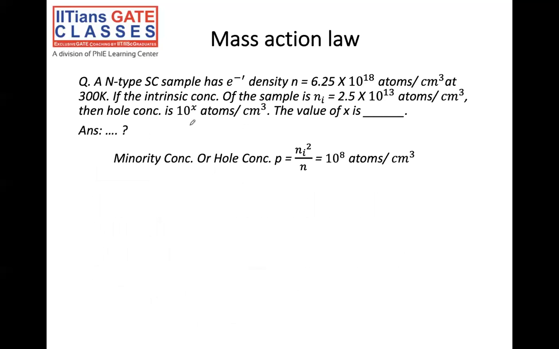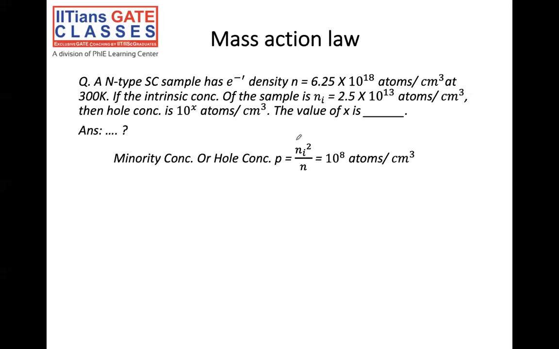If the intrinsic concentration of the sample is Ni, which is equal to 2.5 into 10 to the power 13 atoms per centimeter cube, then the hole concentration is 10 to the power x atoms per centimeter cube. The value of x is, they're asking a simple thing, the value of x. It is a numerical answer type question.